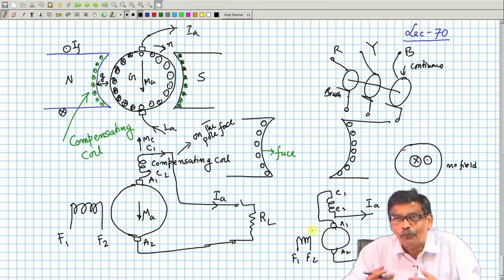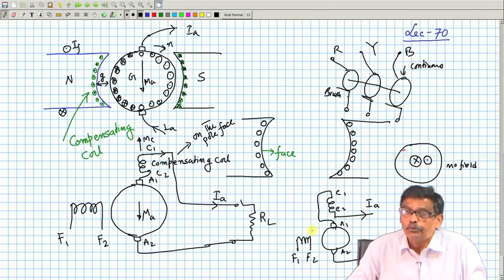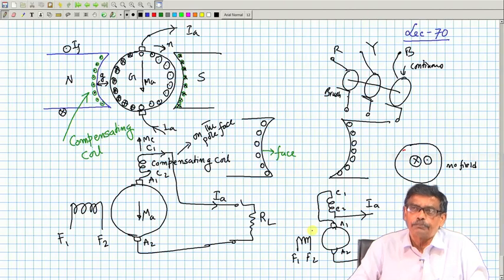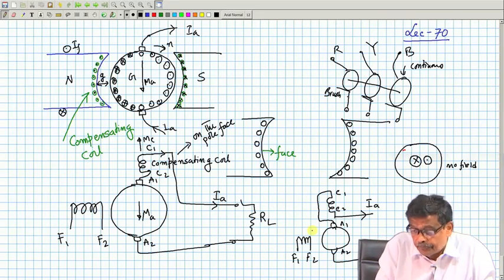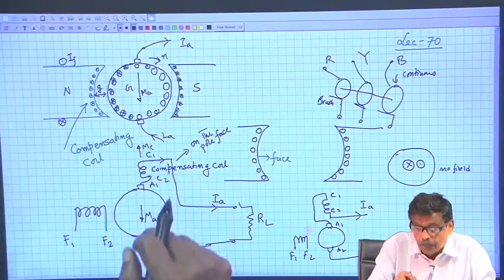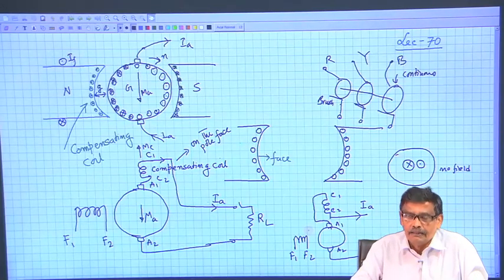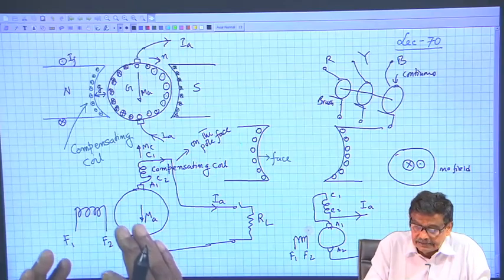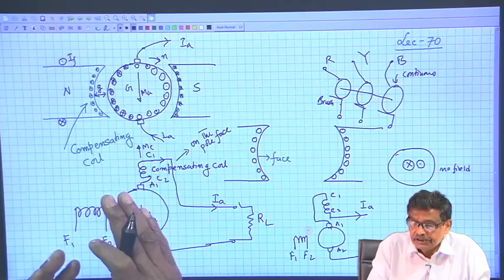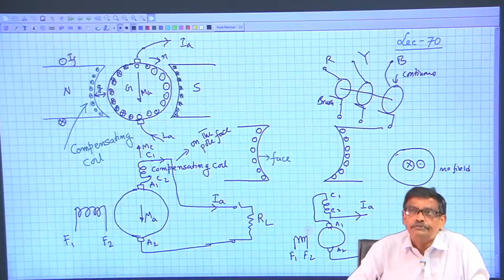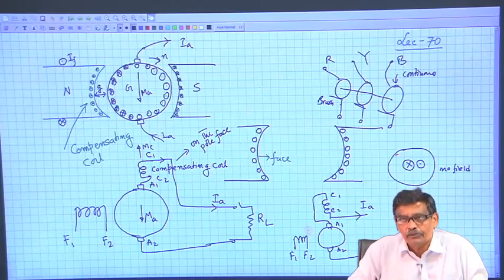Situation will be worse. Therefore, while connecting the compensating coil, you must connect it properly, so that the MMF produced by the compensating coil opposes the MMF produced by the armature coil, and then you get some relief so far as the commutation problem is concerned.